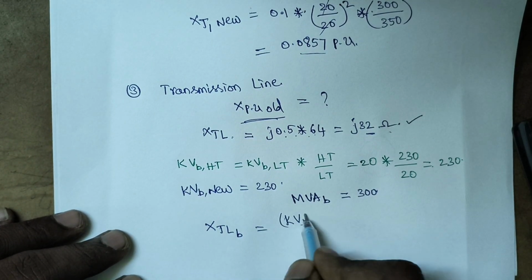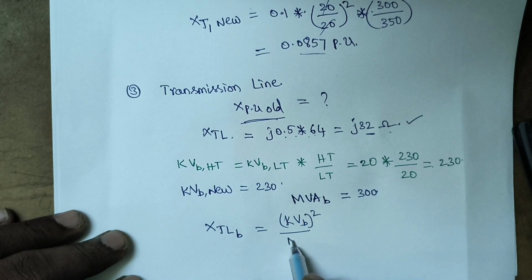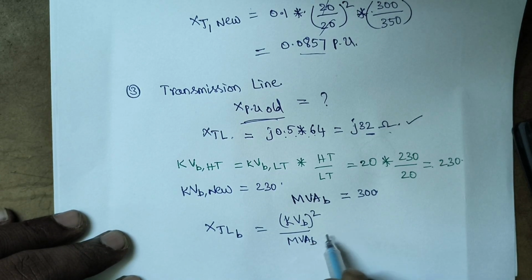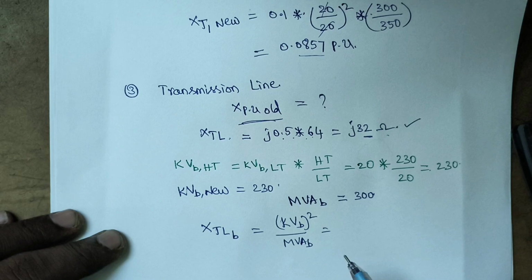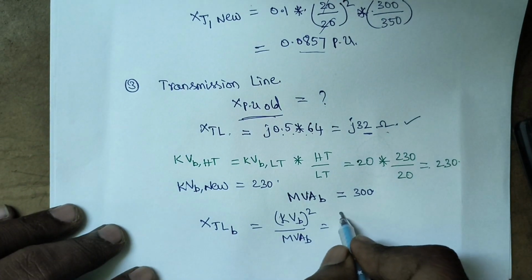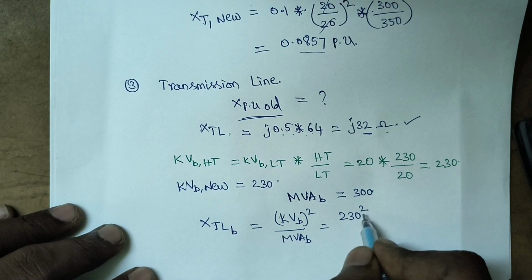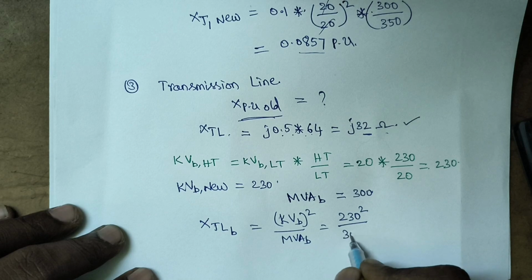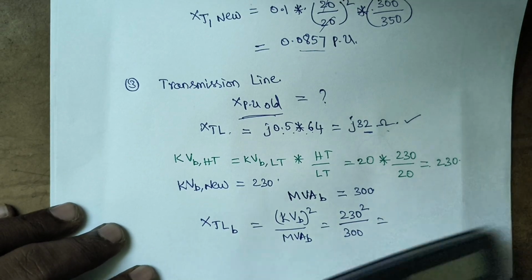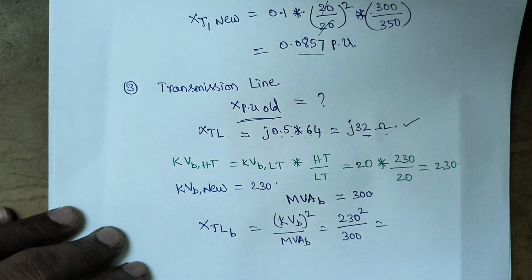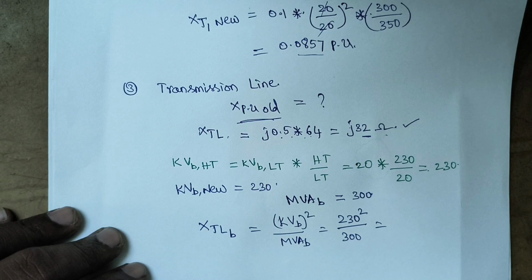KVB whole square by MVAB. KVB whole square means 230 square by 300.